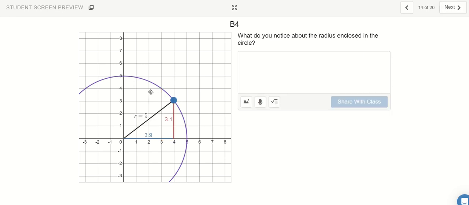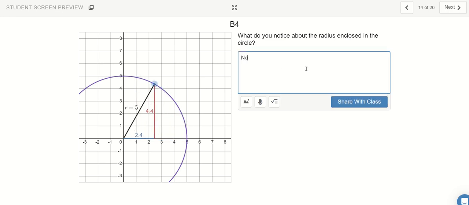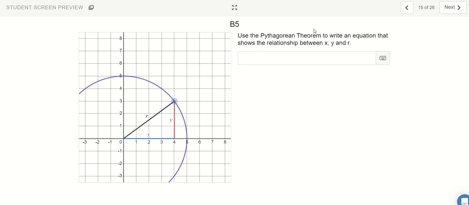Okay, so again, no matter what I do, a squared plus b squared is always going to be 5. No matter what point I make, a squared plus b squared will always make the radius 5. Okay, so that's going to be our equation.